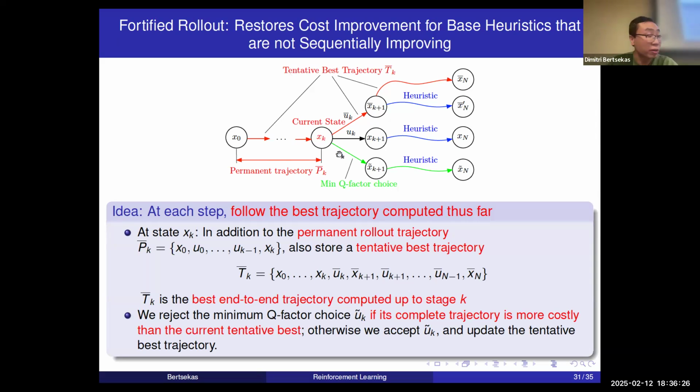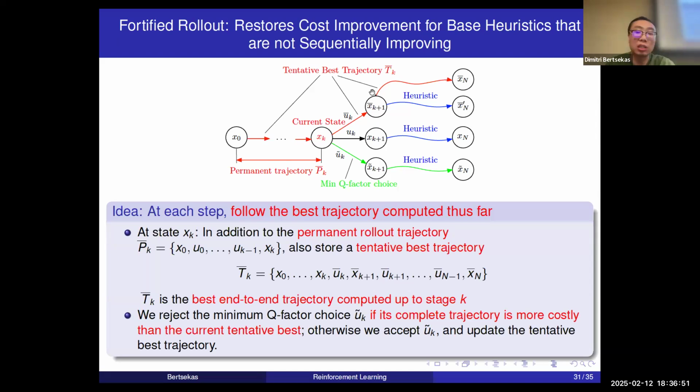Again, nothing comes free. And when applying fortified rollout, compared with standard rollout, we need to do two more things. One is we need to store the complete trajectory corresponding to each Q factor when best Q factor when compared with the tentative best trajectory.